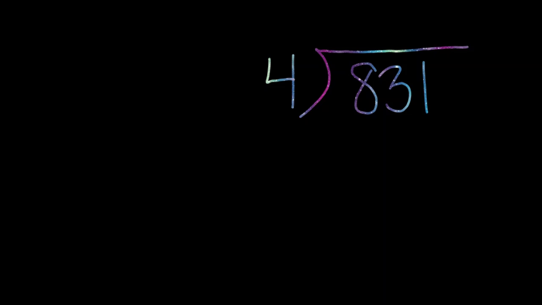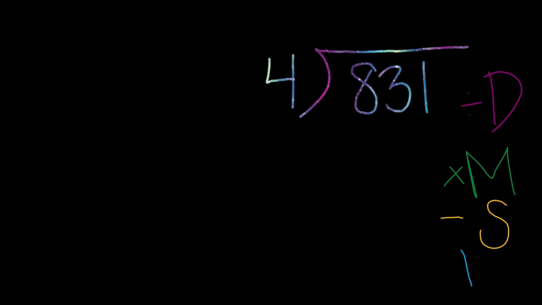So the first thing I'm going to do is write down my 5 steps. So those steps are D for divide, M for multiply, S for subtract, and B, bring down.